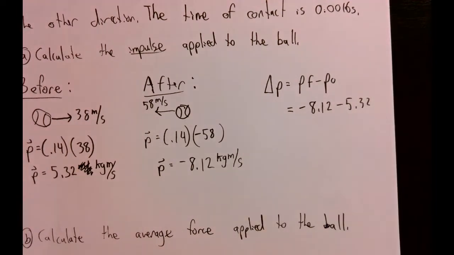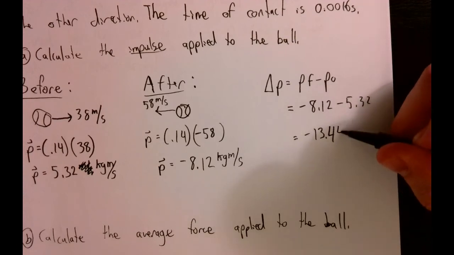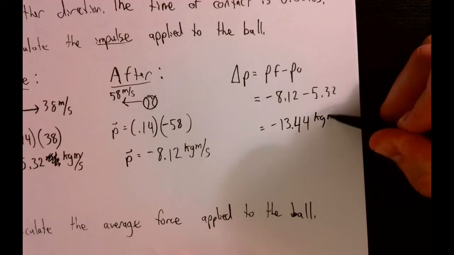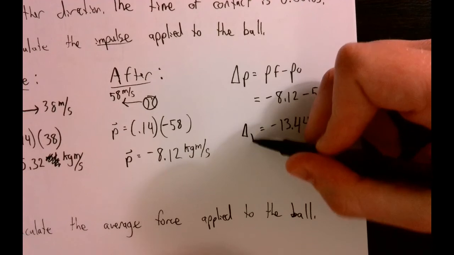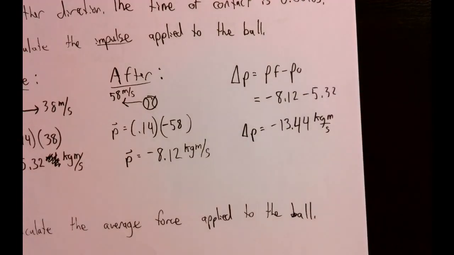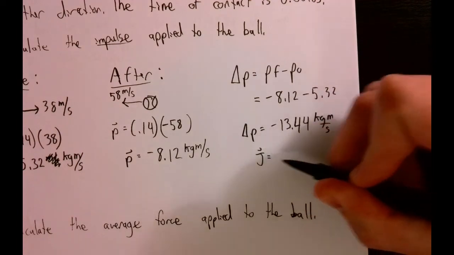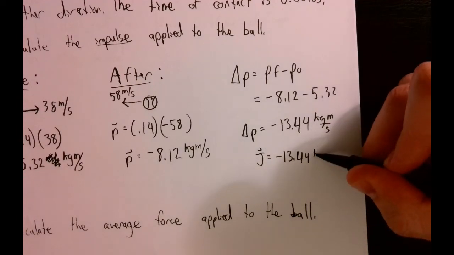So we'll get negative 13.44 kilogram meters per second. That's our change in momentum. We could say that is our answer, or we can change the letter to be impulse. So there's our answer. Impulse and change of momentum are the same thing.